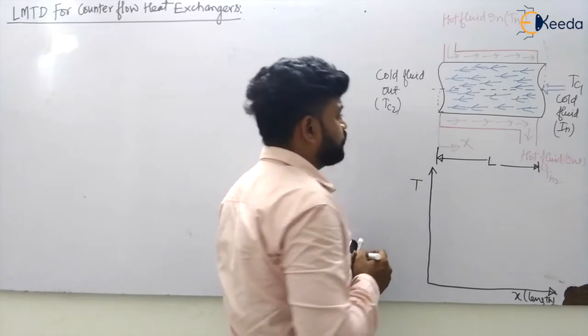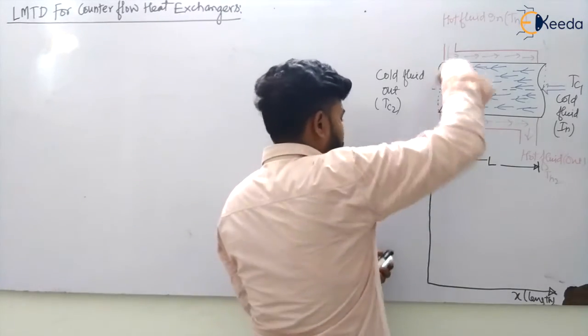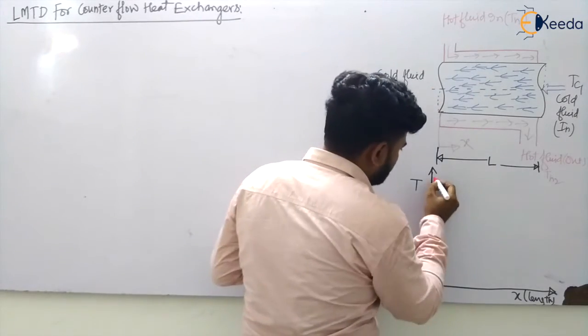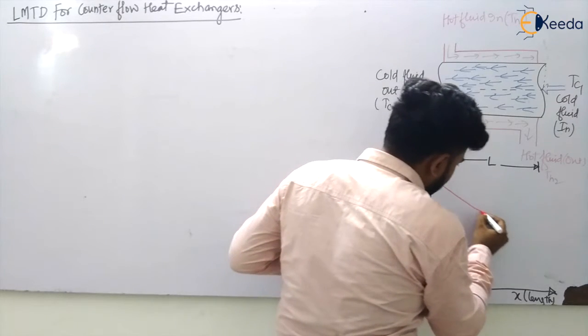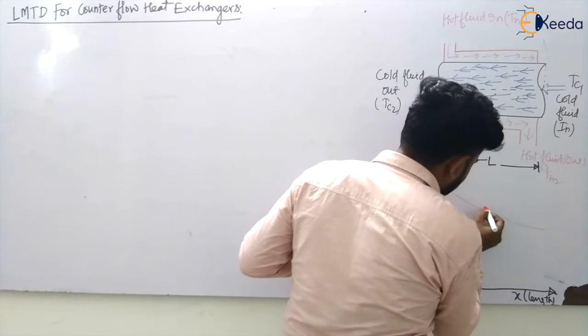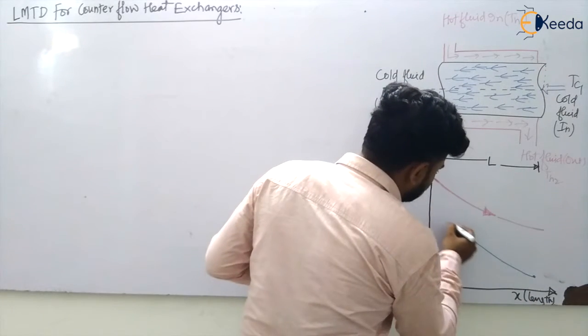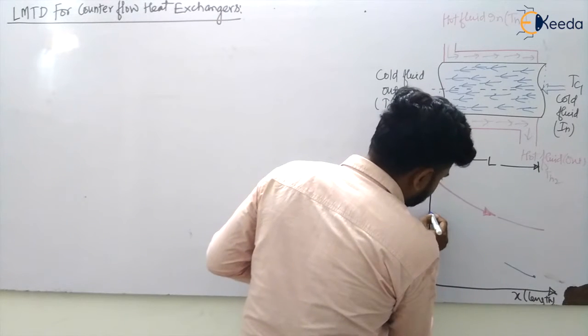So what is happening? The cold fluid temperature will decrease along the length because it is continuously supplying heat, as you have seen. The cold fluid temperature will decrease along the length like this, my dear students.